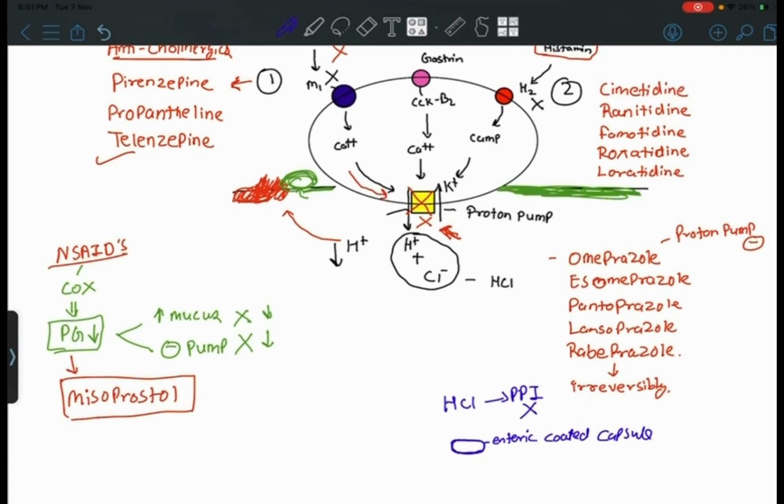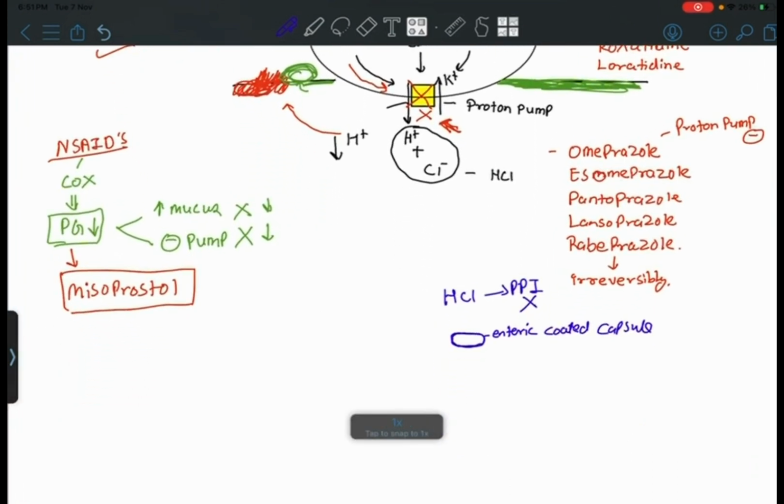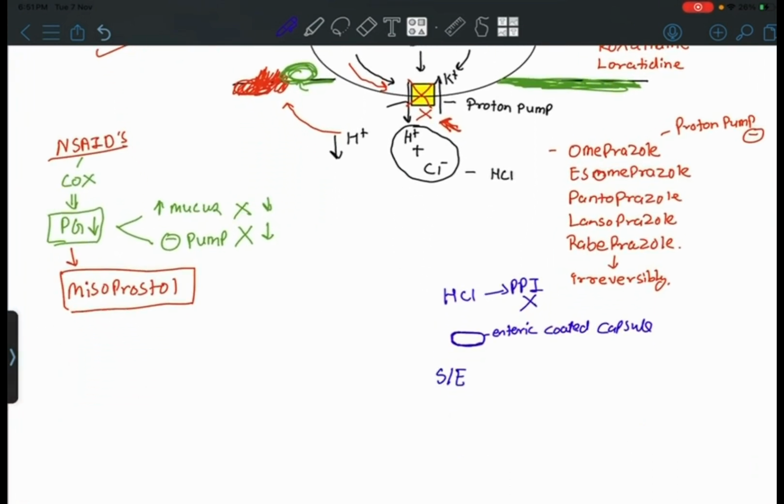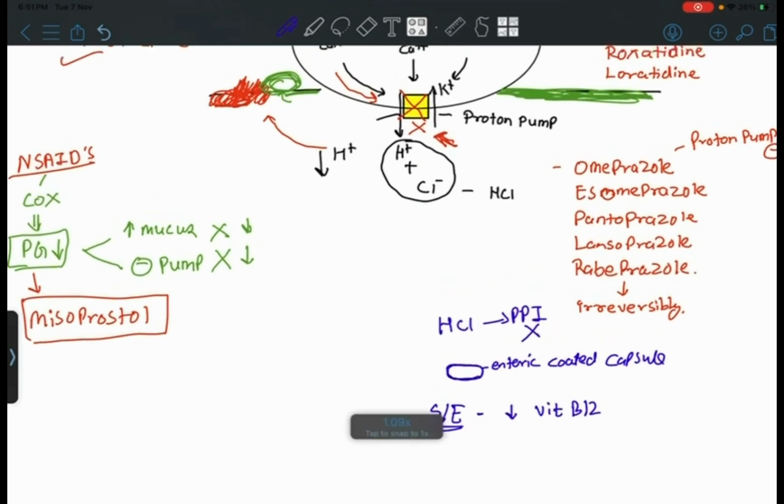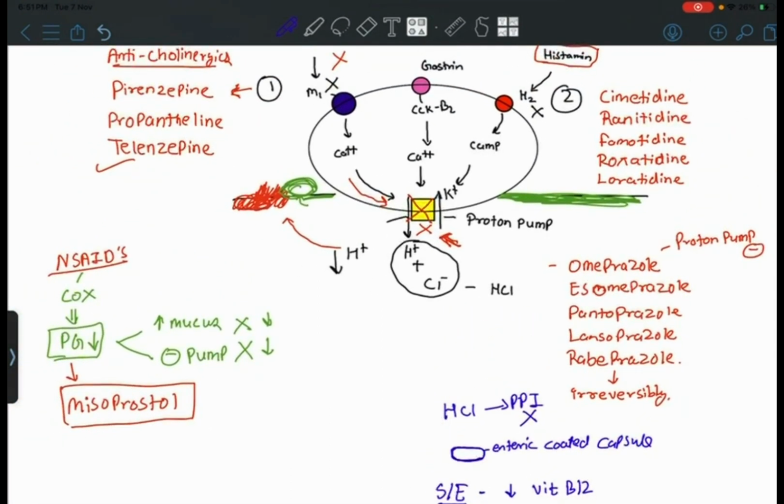Okay, and one more thing: when we see the side effects of the proton pump inhibitor, the first thing is that it will decrease the absorption of vitamin B12. Why? In the parietal cell, the proton pump is not only secreting the H plus ion, but it also secretes the intrinsic factor.